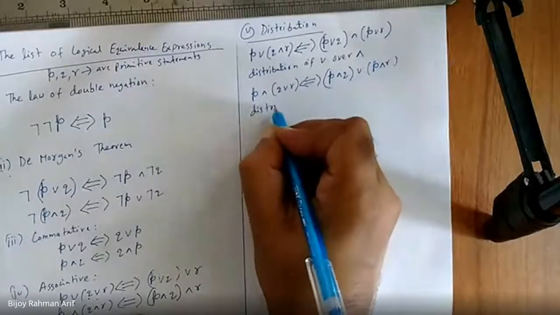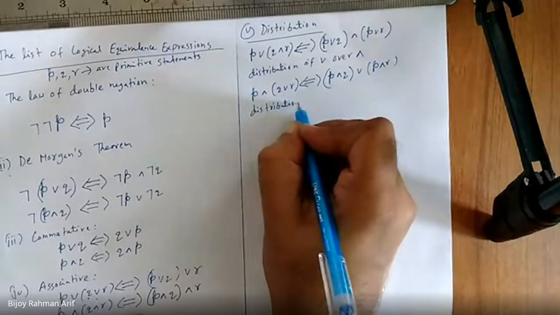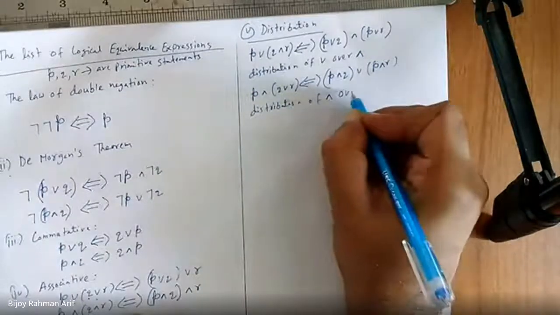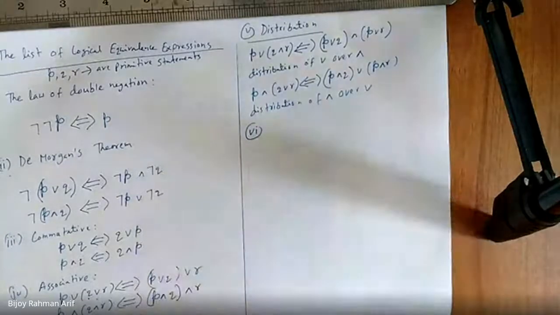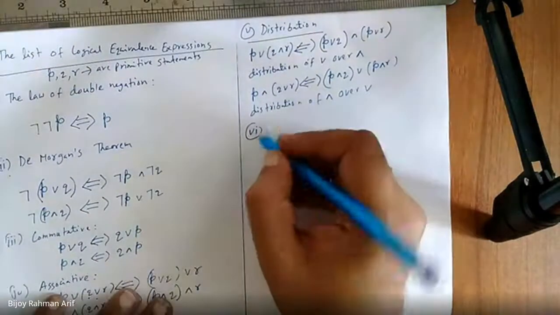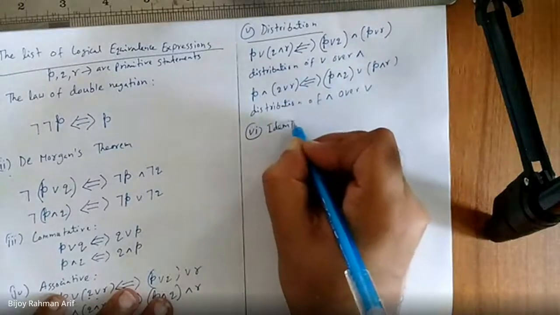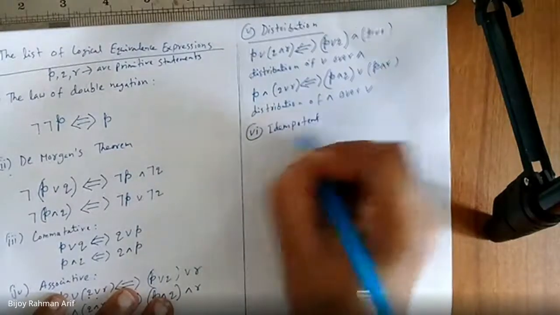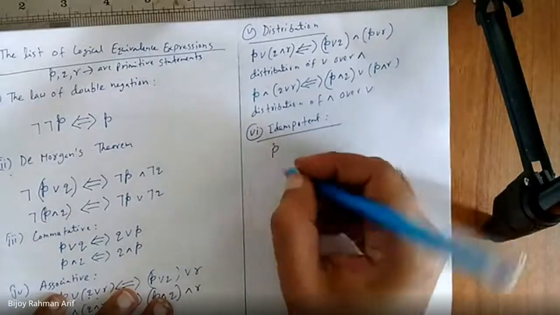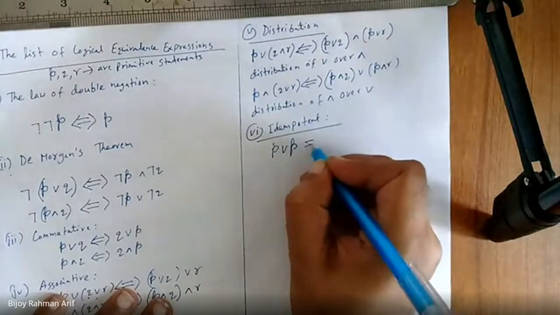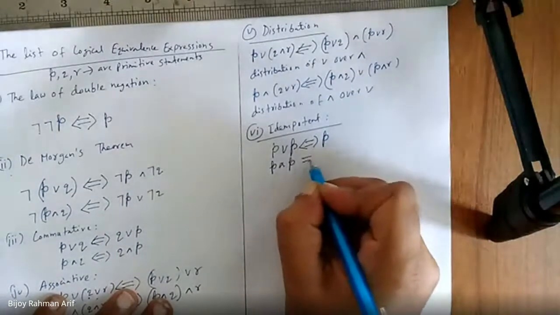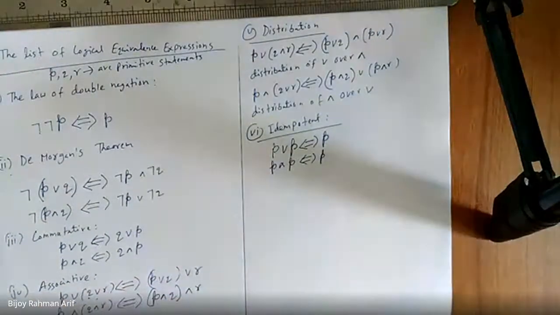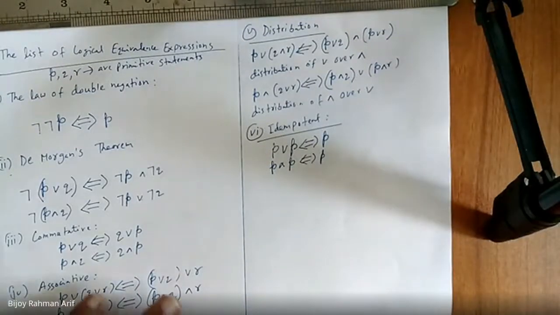Distribution of idempotent. If two P are connected with OR, we can write only a single P. If two P are connected with AND, we can write a single P. It's called idempotent.